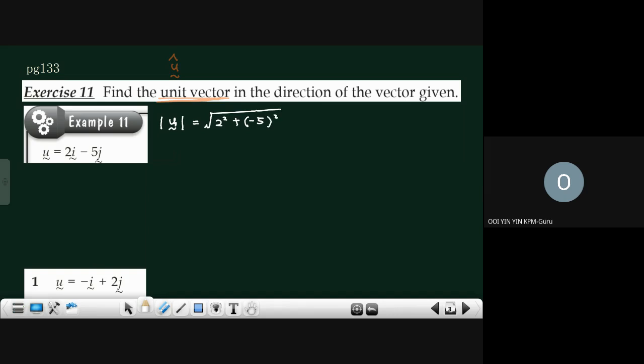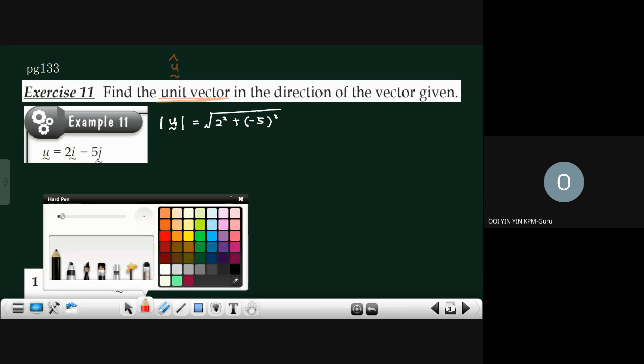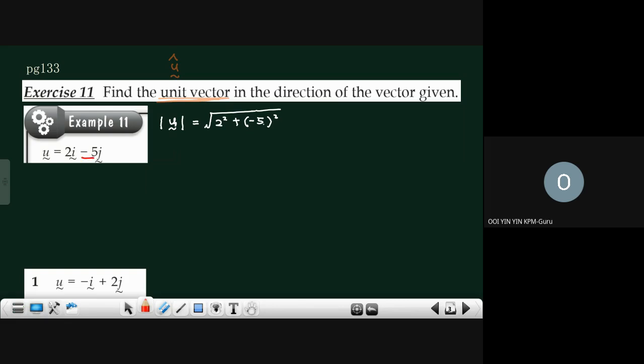Okay, now I want to stress one thing here. Please bear in mind. I know that when you square your -5 or whatever, positive or negative, the answer will be positive, right? But when you write it in, because the original form in your vector here is -5, you must also write -5. Don't be lazy and not write down the negative, directly putting 5.